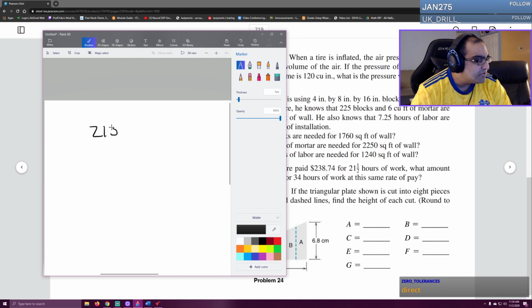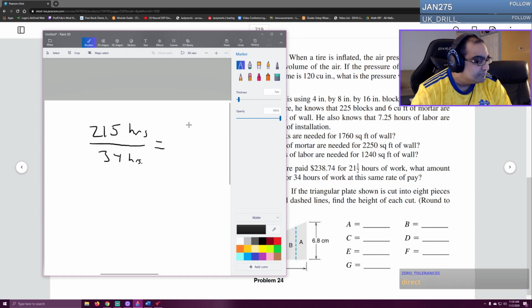We have 21.5 hours here, and we got 34 on the bottom. And that equals, again, 238.74, since it's direct. And we'll put the X amount of money here on the bottom.